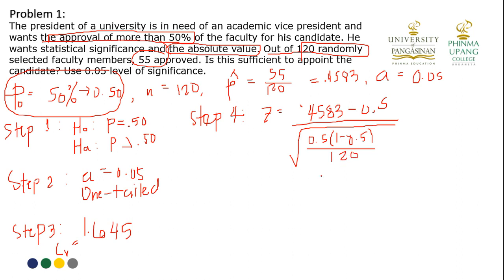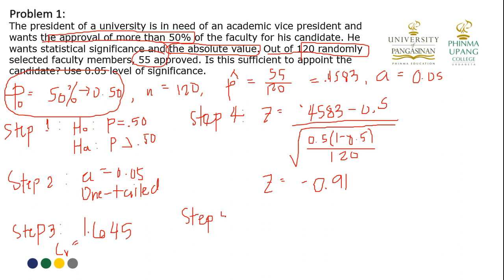So, bigyan nyo ako ng 2 decimal places sa z value natin. Yes? Negative 0.91, sir. Okay. Negative 0.91. So, punta tayo sa last na step.